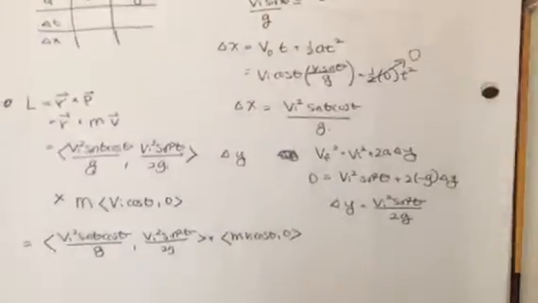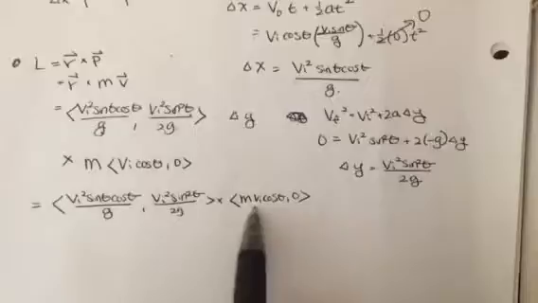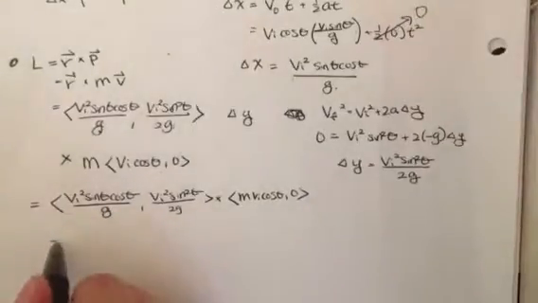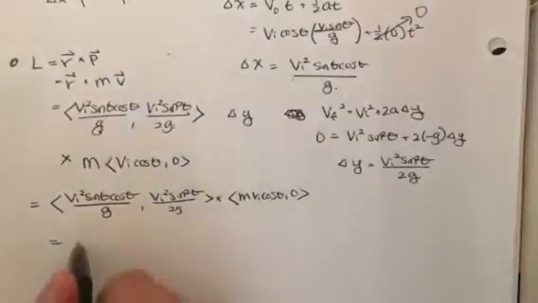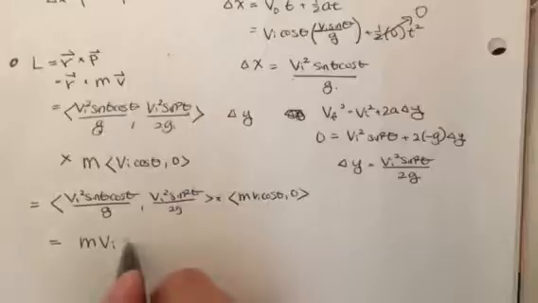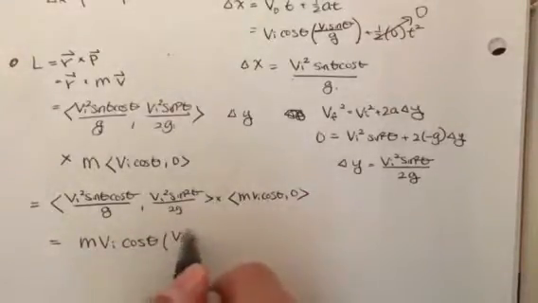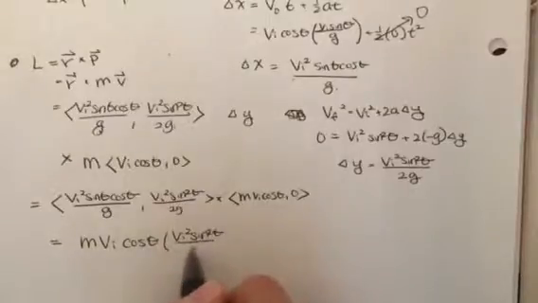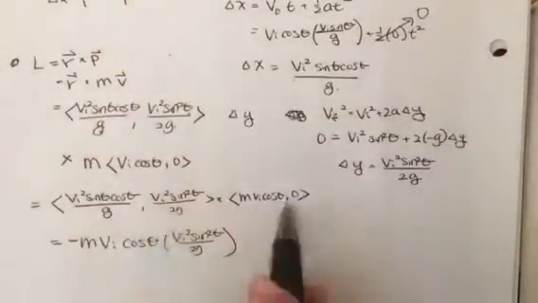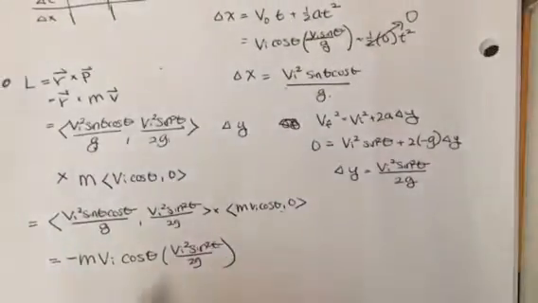Now, if you find the cross product, which would mean this times this minus this times this, you end up with m V_i cosine theta times V_i squared sine squared theta over 2g, and this would all be negative because it's this minus this. And that is your answer to B.